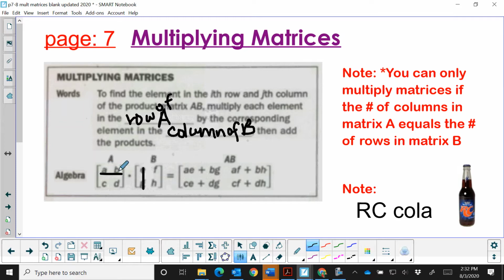I'm going to take the first row times the first column, and that gives me the position in my first row, first column.